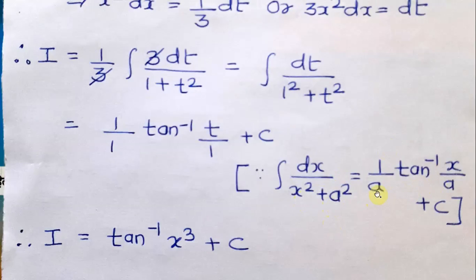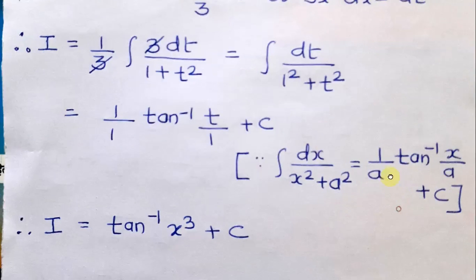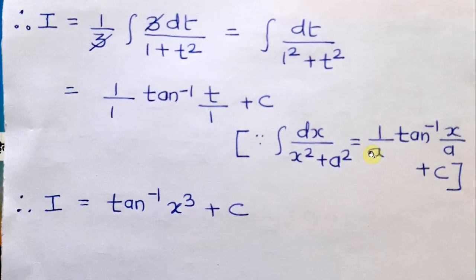Here the value of a is 1, so 1 upon a is 1 upon 1, and tan inverse x upon a becomes tan inverse t upon 1, plus an unknown constant. Keeping the value of t as x cube, this is the final answer of my question.